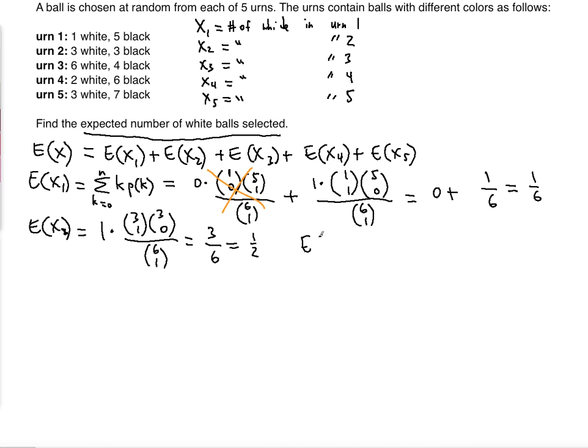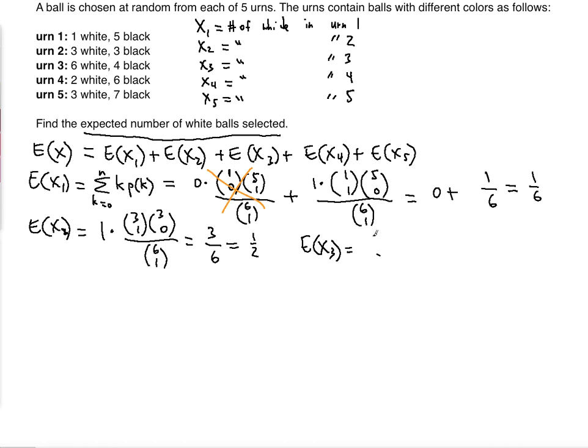Perfect. The next one, the expected value of the number of white balls out of the third urn. Again, we can disregard the first case.